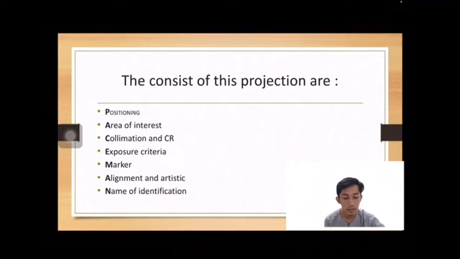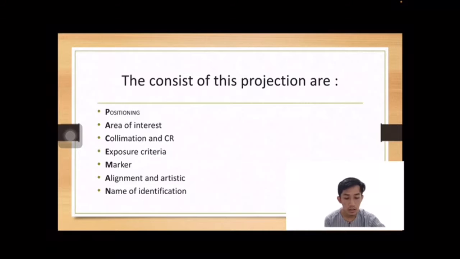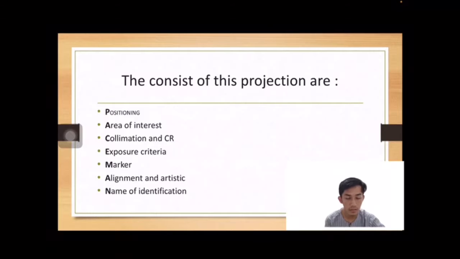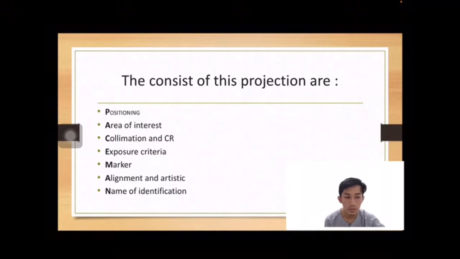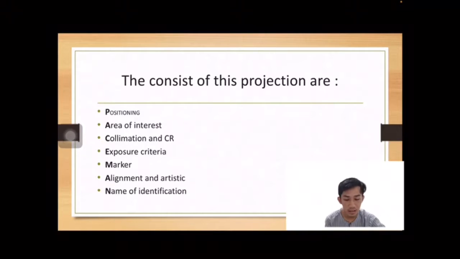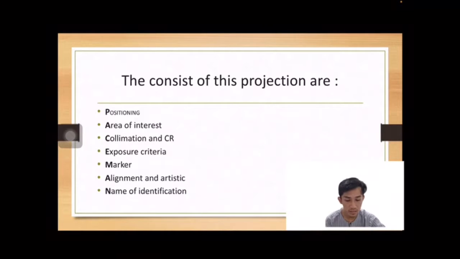For the first slide, we will talk about the PLACEMENT. PLACEMENT is a systematic method of learning how to critique a radiograph by breaking the critique down into these 7 parts. The first one is P for positioning. Second is A for area of interest.